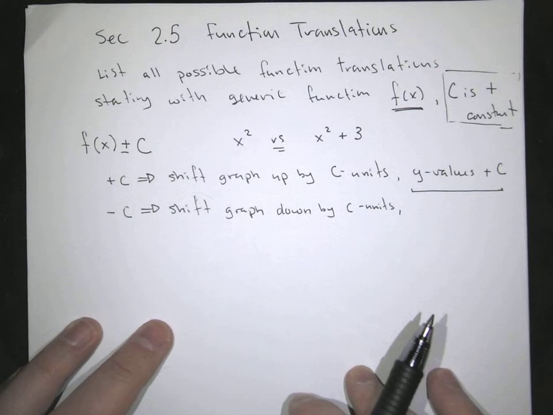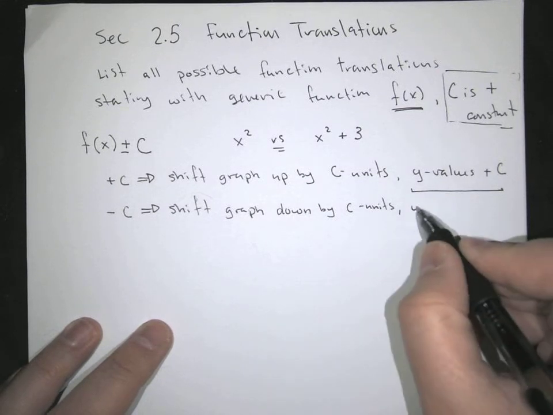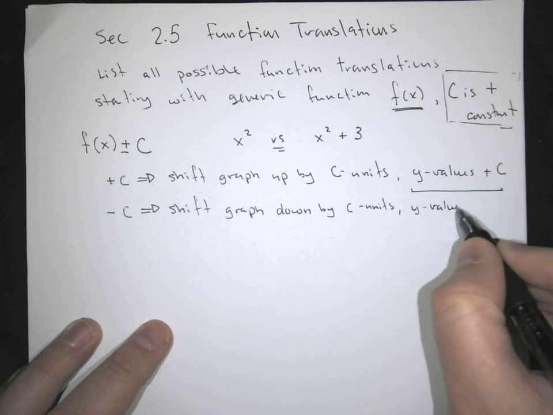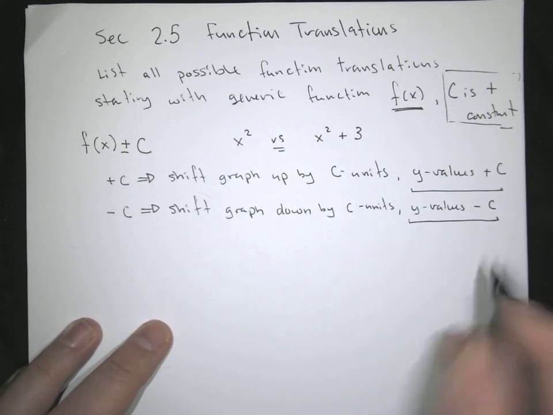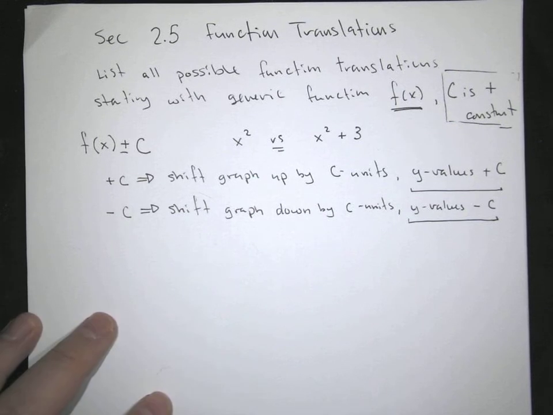If I subtract it, then I'm going to shift them down. So this is again changing my y values by minus c. That's if I add or subtract on the very end of my function, so after all of the formula is laid out, I just tack on some plus or minus number on the very end of it.